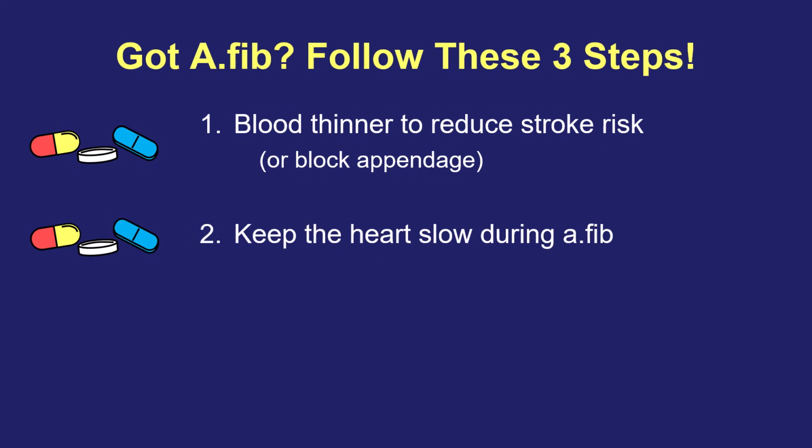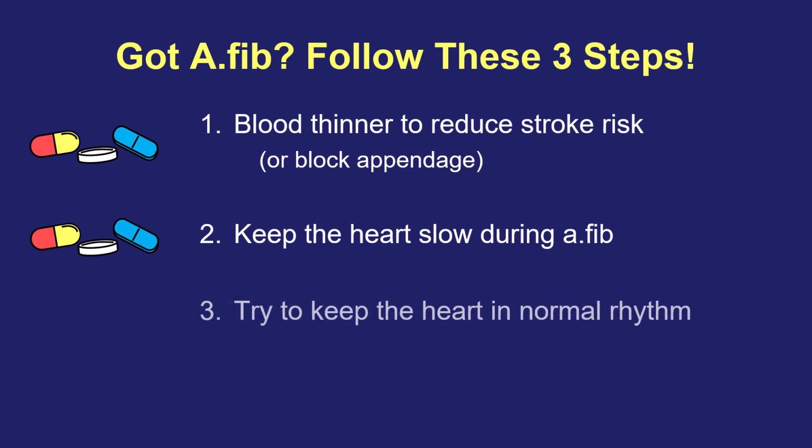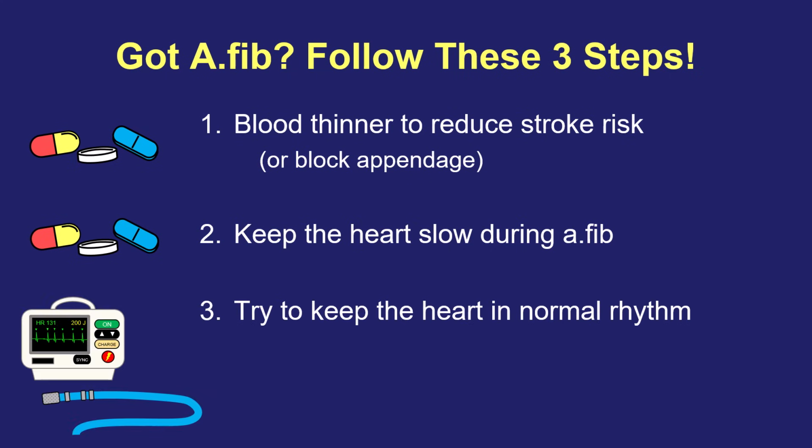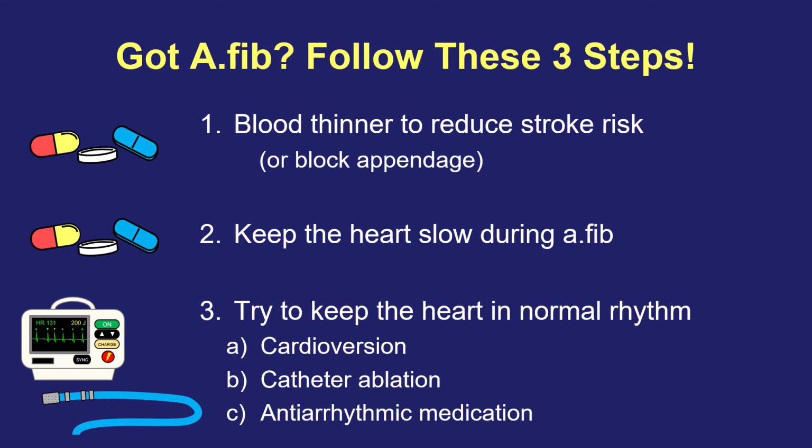Step 2, keep the heart slow during atrial fibrillation by using medications to slow down that bridge between top and bottom. And in many people, we will proceed to step 3, where we try to keep the heart in normal rhythm by doing various things, including cardioversion or catheter ablation, or using antiarrhythmic medications to try to quiet down the trigger spots, deal with the scarred areas, and try to keep and retrain the heart to be in normal rhythm.